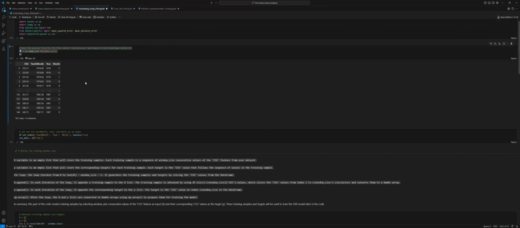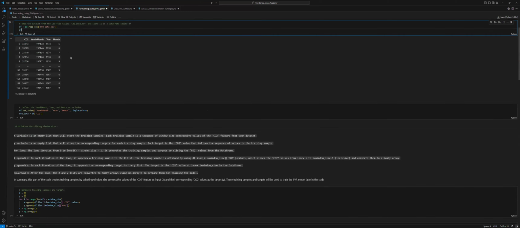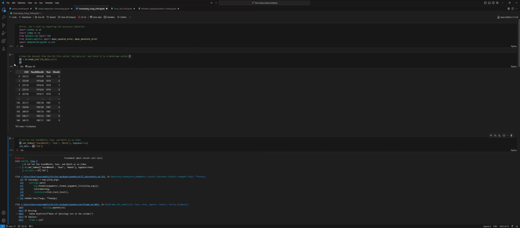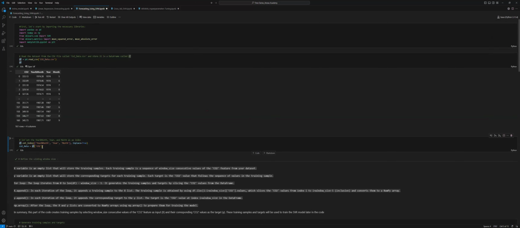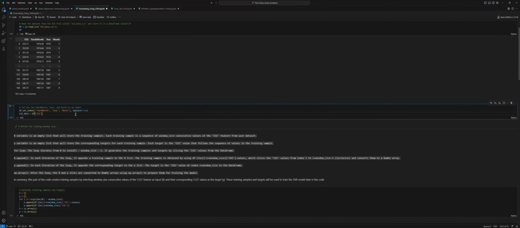The next thing is to create a data frame, and at this point we are setting our index, year and month. We are setting them as the index of our data frame.